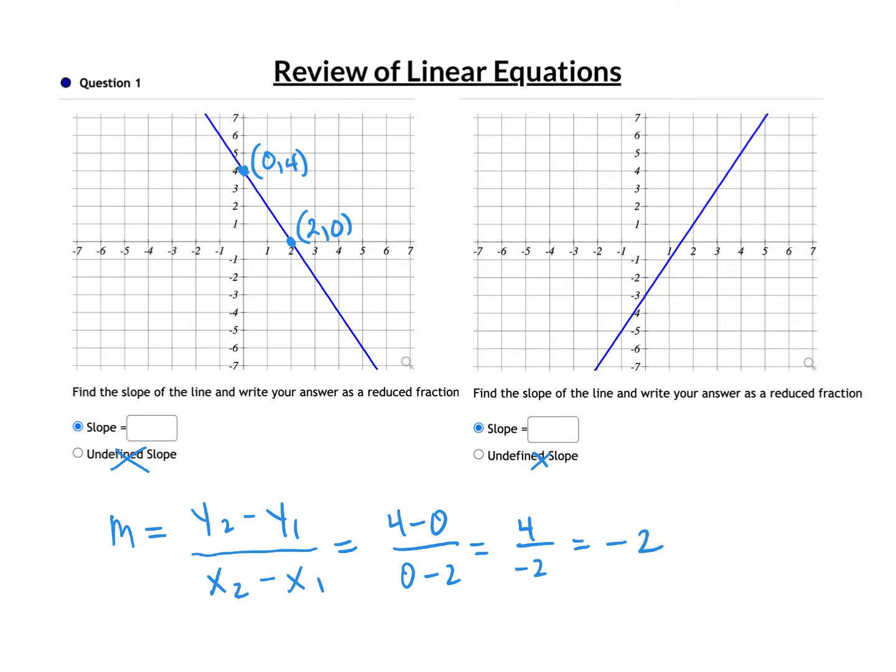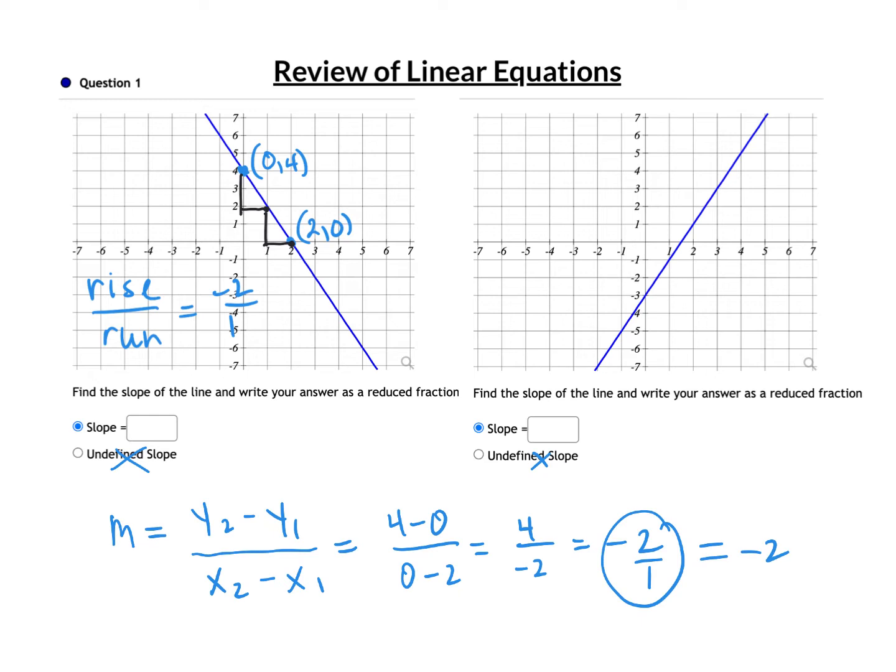Now negative 2 is negative 2 over 1, but this simplifies to negative 2. Let's just observe that the rise over the run is negative 2 over positive 1. In other words, in this graph, I go down 2 and over 1.